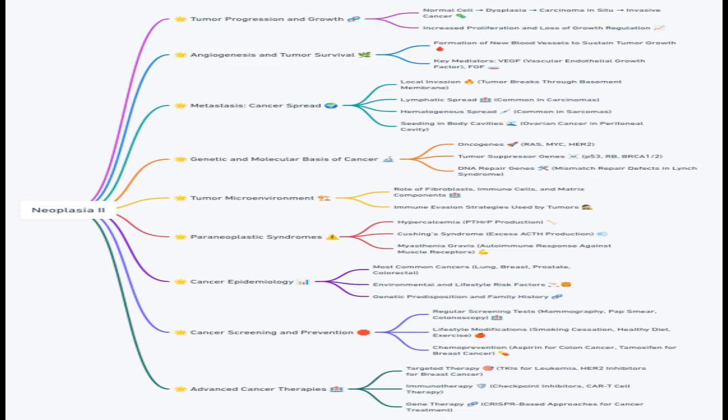Pap smear and the human papillomavirus vaccine, so Gardasil and Cervarix, are key prevention strategies. Invasive squamous cell carcinoma is diagnosed by histopathology, showing keratin pearls, nuclear atypia, and also stromal invasion. Alright.